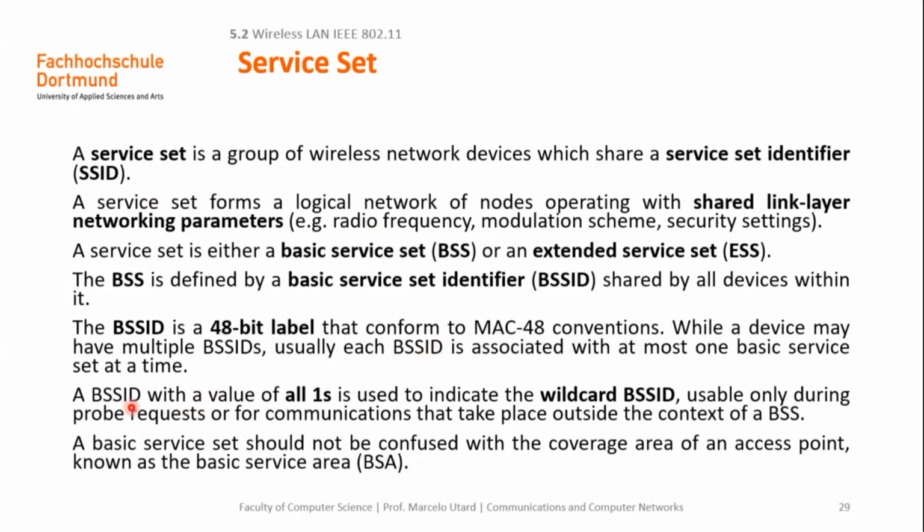A BSSID with a value of all ones is used to indicate the wildcard BSSID, usable only during probe requests or for communications that take place outside the context of a BSS. This is a particular case. BSS shouldn't be confused with the coverage area of an access point, known as the BSA, Basic Service Area.